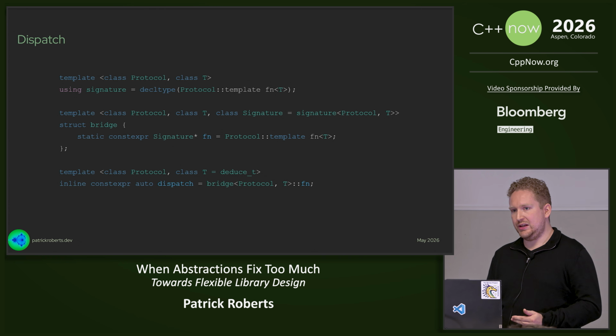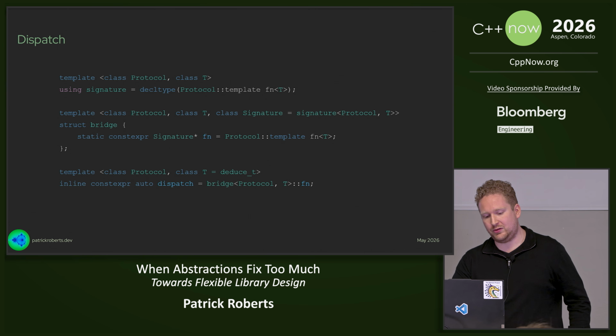Bridge is intended to be specialized for specific capabilities or specific kinds of concrete types. And it's intended to be kind of a unified syntax for dispatch, because this dispatch allows supporting both static dispatch and runtime dispatch. It implements both at different phases in the dispatch mechanism.